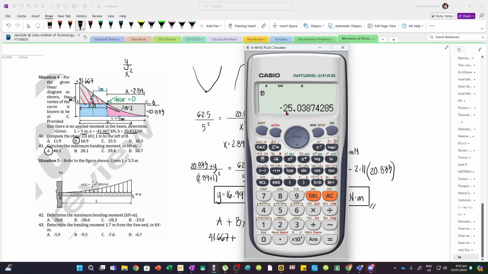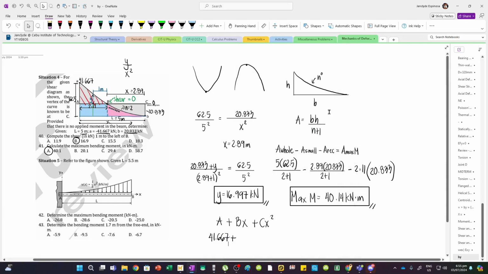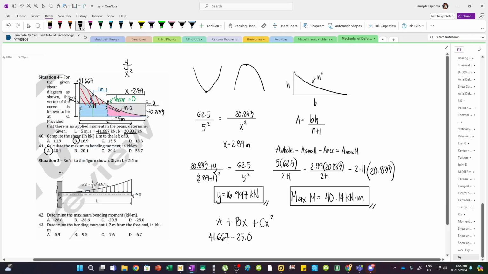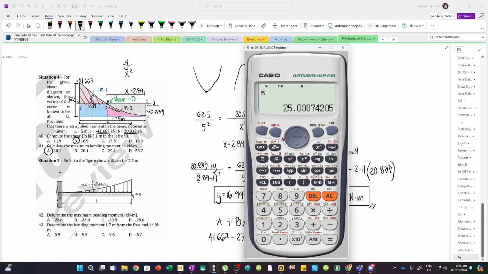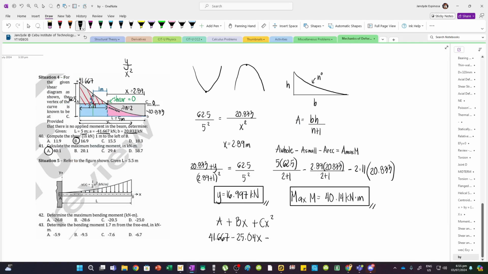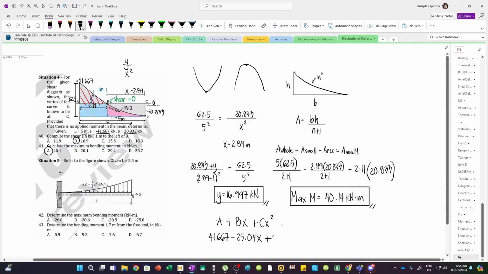So we have minus 25.04. So let's just change the sign. This is for b, so minus 25.04 x. And then finally we have shift stat regression, press C. So C is 2.51 approximately. So plus 2.51 x squared. Now this is our shear equation.